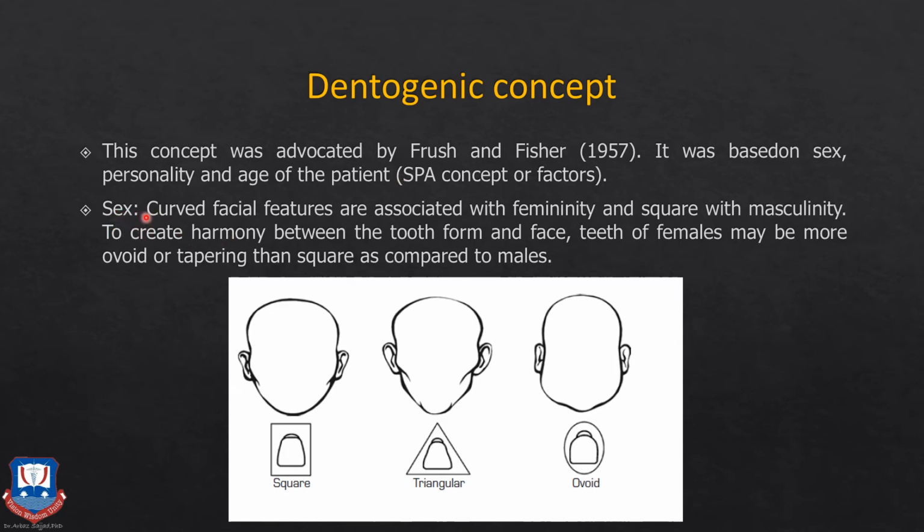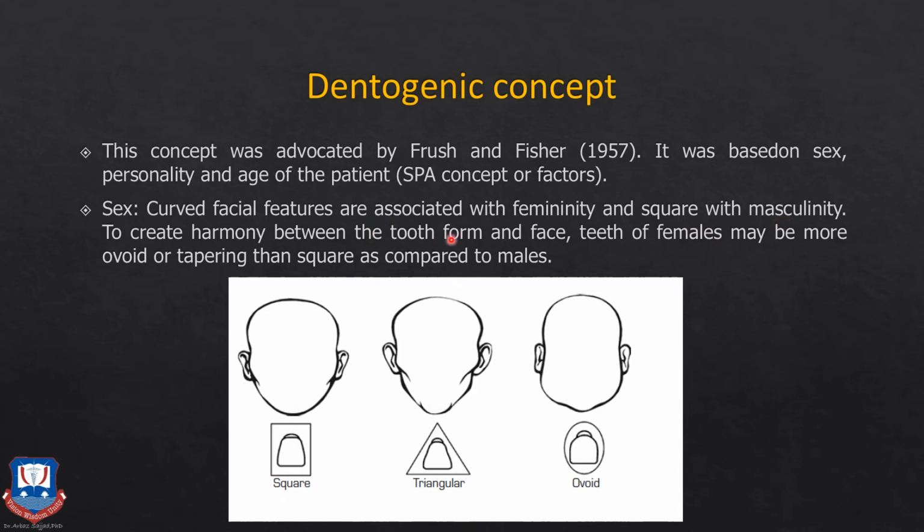According to sex, curved facial features are generally associated with femininity, as we have been conditioned to believe through media, advertisement, and the internet. We associate curved features with femininity, and we associate square features with masculinity.